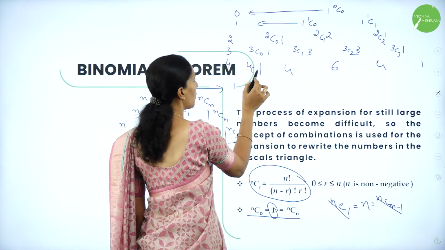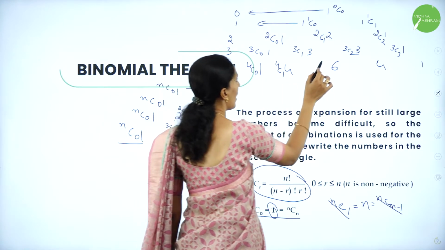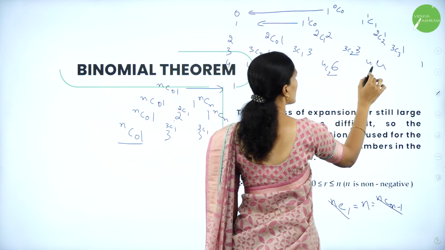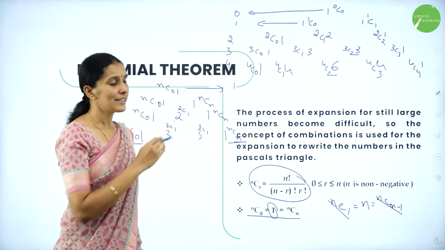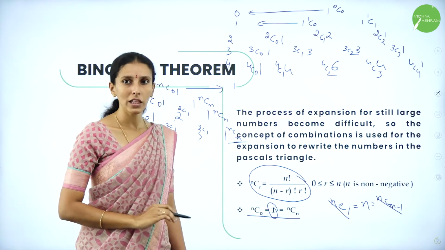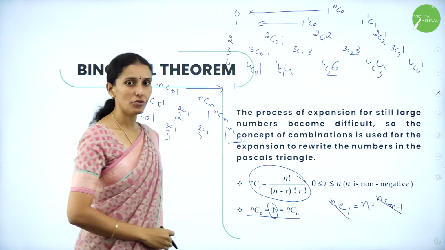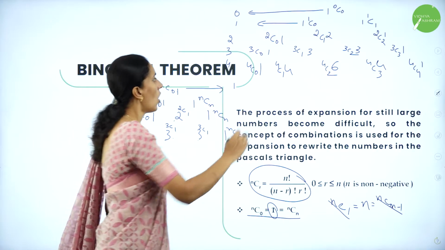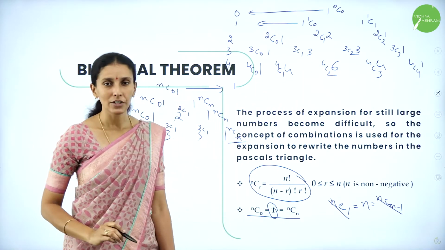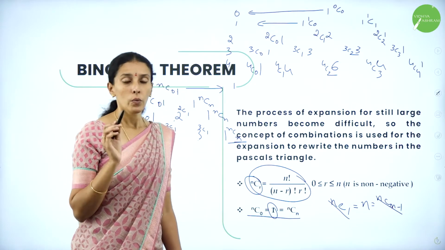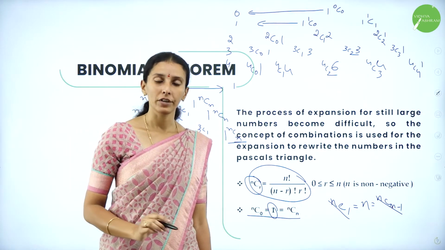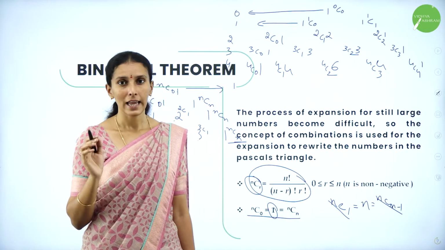So it is 4C0, 4C1, 4C2, 4C3 and 4C4. Like this you can write all the indexes in combination formula. That is why all the coefficients in the Pascal triangle are replaced by the nCr formula, which will give you the coefficients of the binomial expansion.